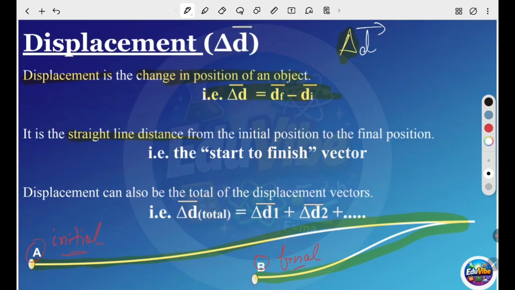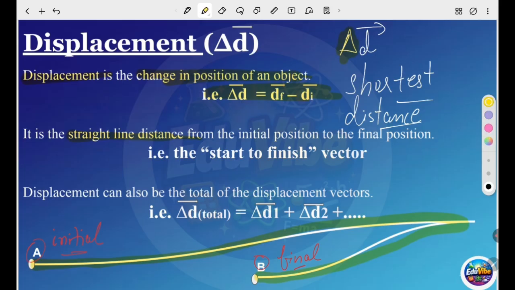Another definition for displacement is the shortest distance from the initial to the final point. So from initial to final, this is the shortest distance traveled. Displacement is also called the start to finish vector.